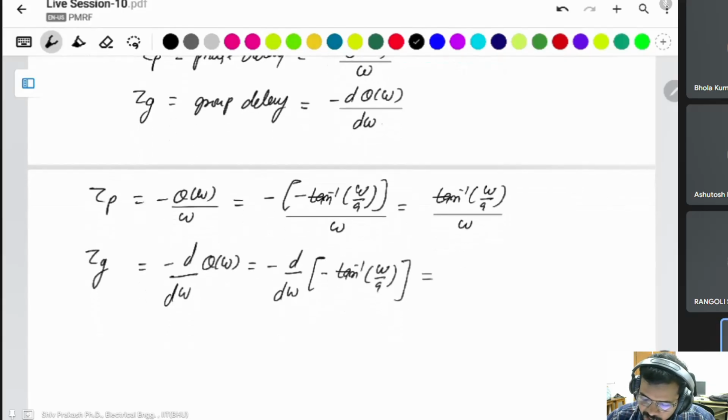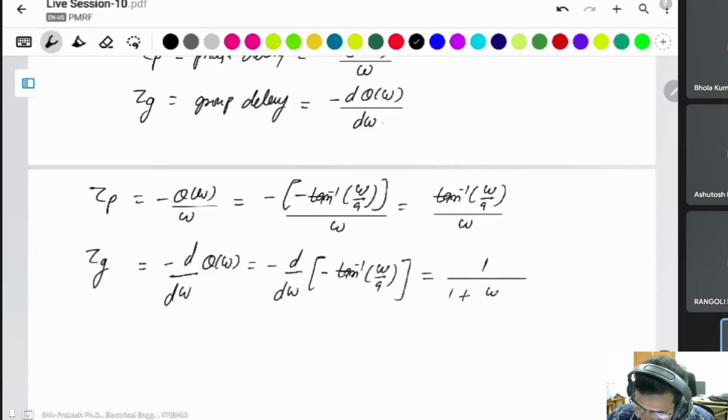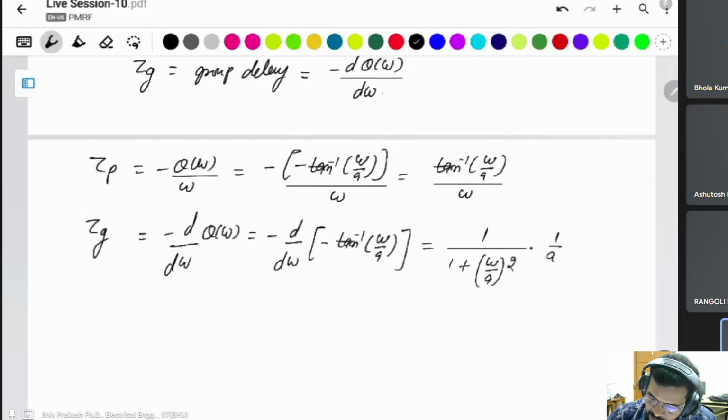Then the differentiation of tan inverse t is 1 by 1 plus t square. Same thing you can do here. First of all, tan inverse gives 1 divided by 1 plus omega by a square, into the differentiation of omega by a with respect to omega, which is 1 by a. Then one a cancels out, only one a is remaining there, so this will be a by a square plus omega square.